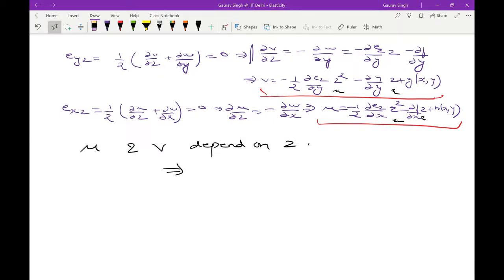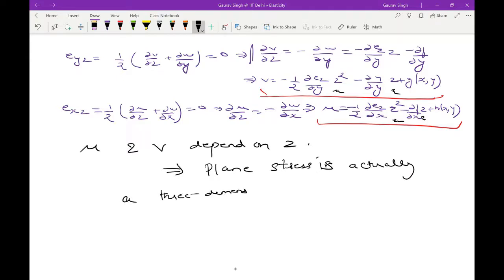So this implies that plane stress is actually a three-dimensional theory. So plane stress is a weaker approximation, definitely.